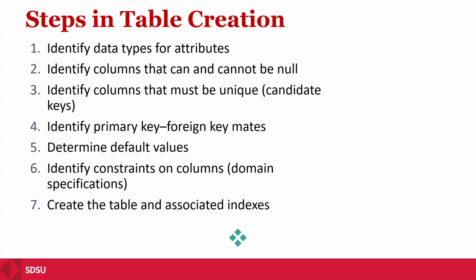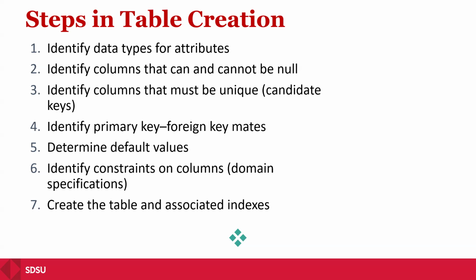Okay, so here are the basic steps in creating a table. This will come in very handy for your team project. When we need to create a table, we first need to identify the data types and attributes. Clearly, we need to look at our logical design and see what kind of attributes we are going to have for a certain table.